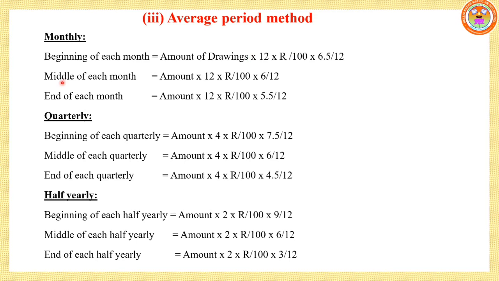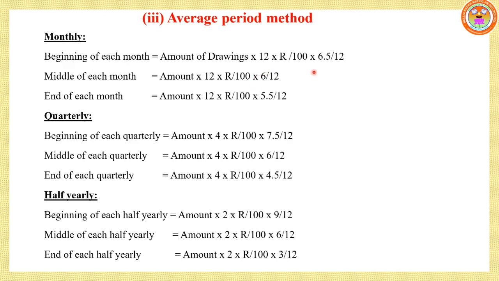Suppose the partner withdraws money from the business in the middle of each month: amount into 12, because he has withdrawn 12 times, monthly. So amount into 12 into R by 100 into 6 by 12. Then end of each month: same thing, amount into 12 into R by 100 into 5.5 by 12.